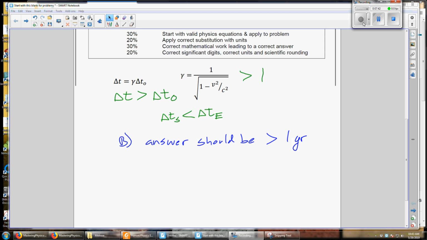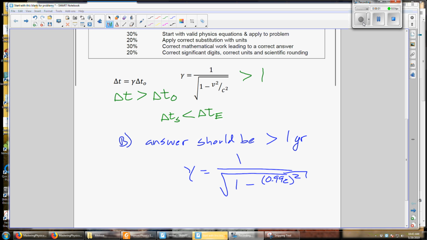So for example, like my gamma, when I substitute it in, I have 1 over square root of 1 minus 0.99c squared over c squared.